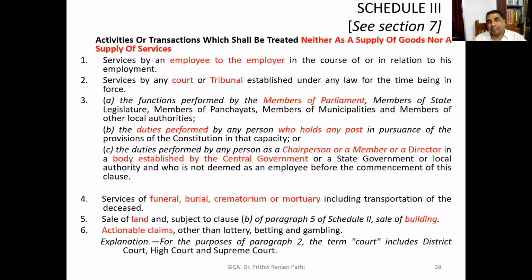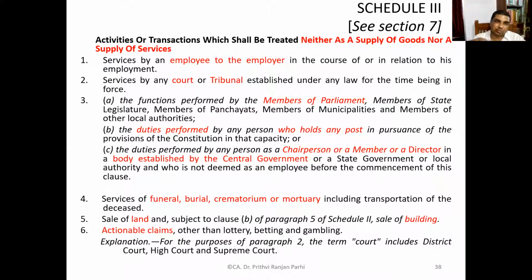Functions performed by members of parliament, members of state legislature, members of panchayat, members of municipalities, members of local authorities. So all these elected members, the services they perform are out of GST; that is neither supply of goods nor supply of services. Then duties performed by a person who holds any post in pursuance of the provisions of the constitution in that capacity.